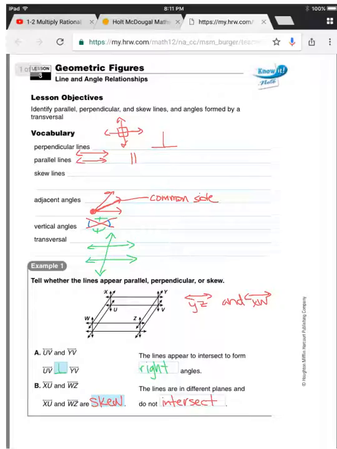Okay, so YZ is here, XW is here. They're both at the top of our hypothetical cardboard box, and they will never intersect. So line YZ is parallel to line XW.